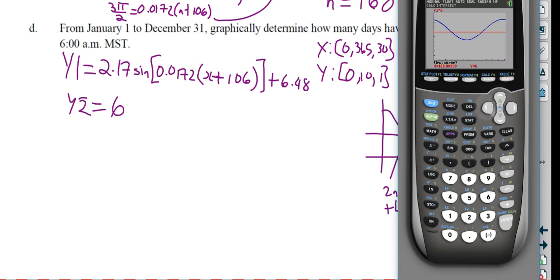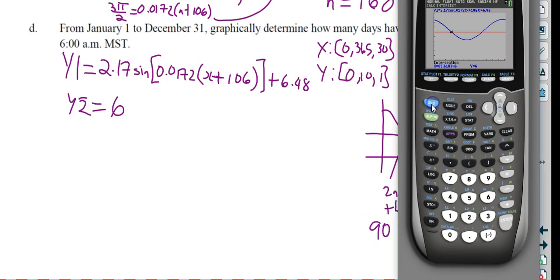Let's go to the straight line. So the first day is day 89.6, so day 90.